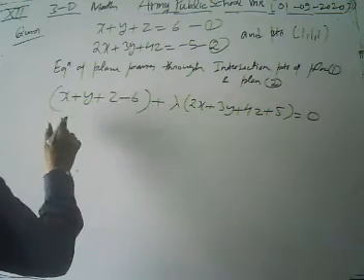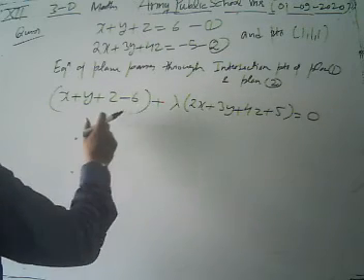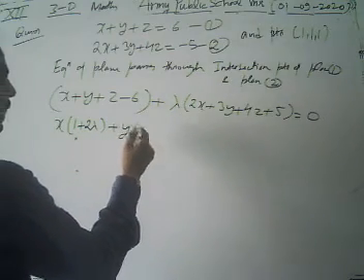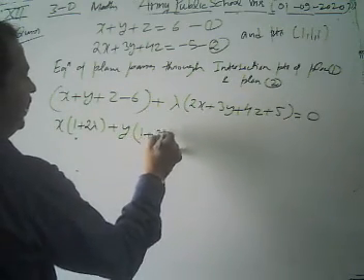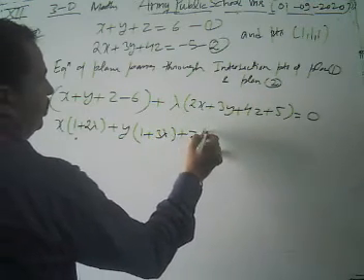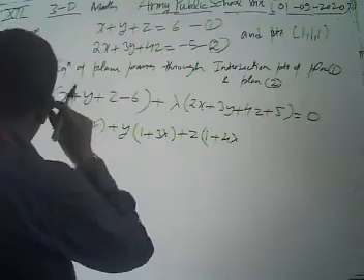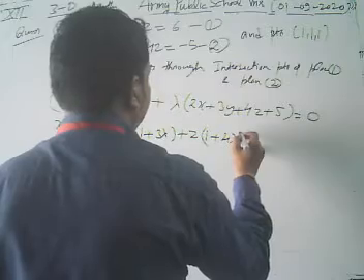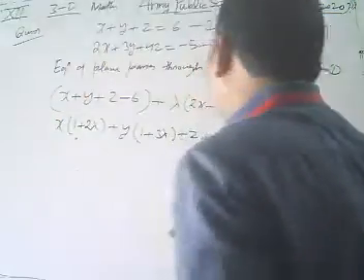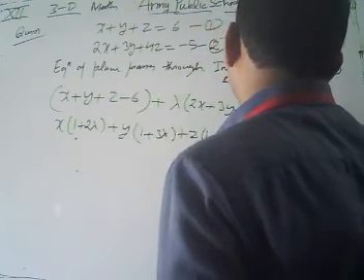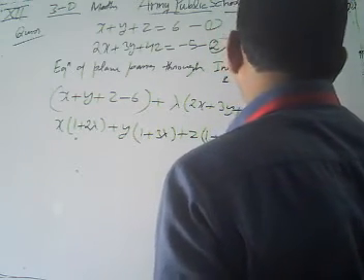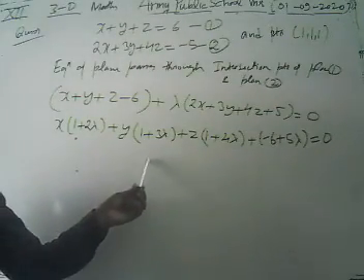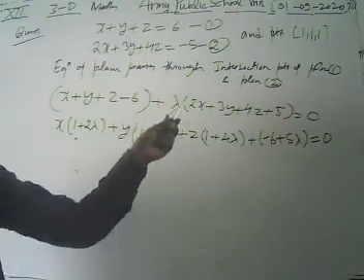We have x times (1 plus 2 lambda) plus y times (1 plus 3 lambda) plus z times (1 plus 4 lambda) plus (minus 6 plus 5 lambda) equal to 0. This is our equation of the plane passing through the intersection of these given two planes.